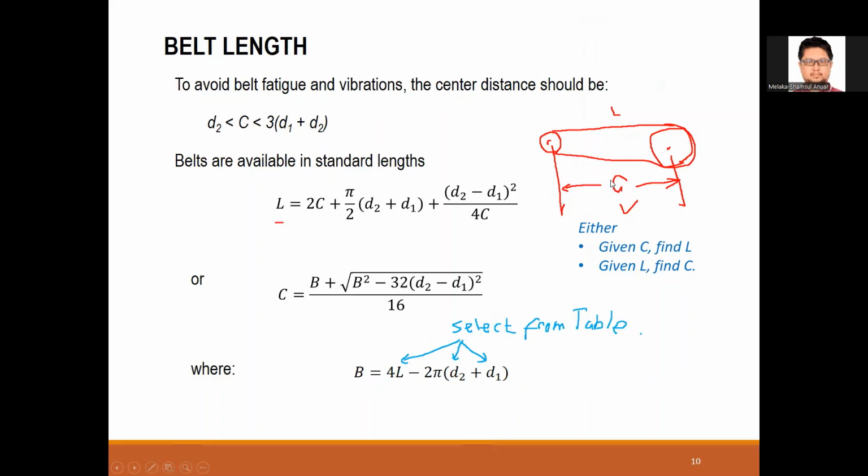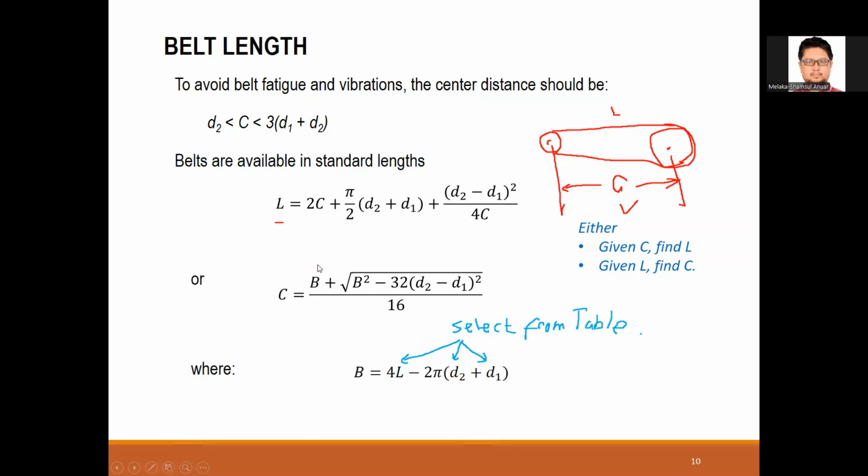Usually for this kind of system, one of the pulleys can slide. So you can make some little changes. Maybe make it a little bit to the left or a little bit to the right to adjust, because you want it to be as tight as possible. You don't want it to be slack too much.